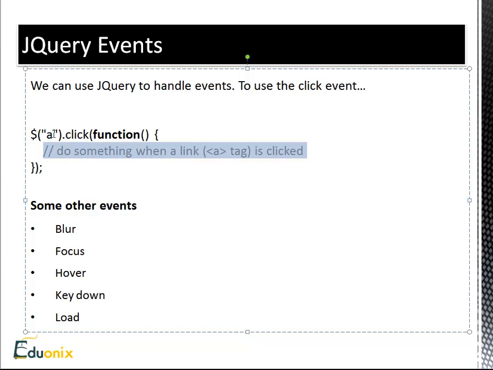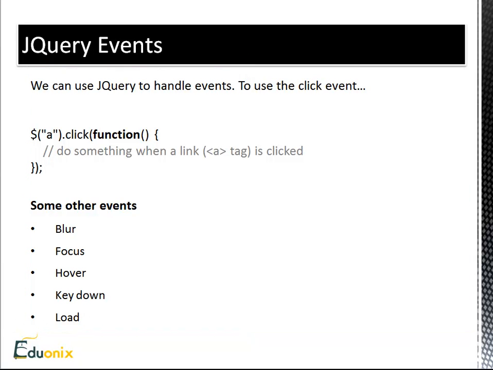We could add a class to all the links when they're clicked if we wanted to do that. Some other events include blur, focus, hover, keydown, load, and if you want to go to the jQuery website, you can see all the events that we can deal with.